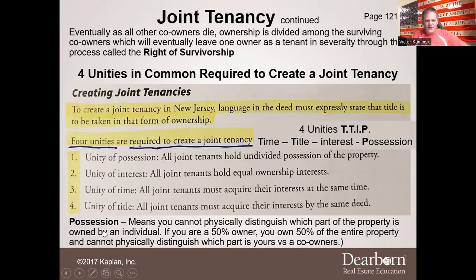So that's the explanation I give for possession. It means you can't physically distinguish which part of the property is owned by an individual. If you're a 50% owner, you own 50% of the entire property and cannot physically distinguish which part of the property is yours versus a co-owner's. 50% owner of the entire property.